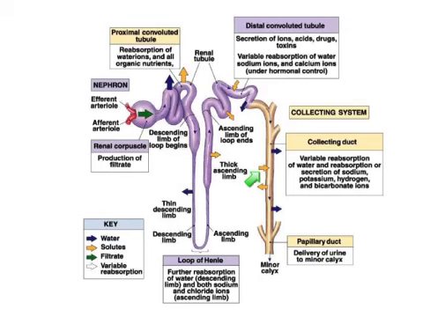Secretion is taking solutes from the interstitial fluid and secreting them back into the urine. The water reabsorption that occurs at the collecting duct is variable, and it's dependent on antidiuretic hormone. Water reabsorption up here in the proximal convoluted tubule is constant, so there's always water reabsorption up here. The quantity of water reabsorption in the collecting duct is variable.